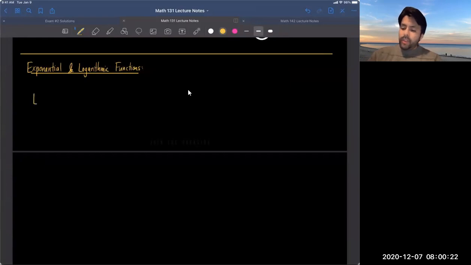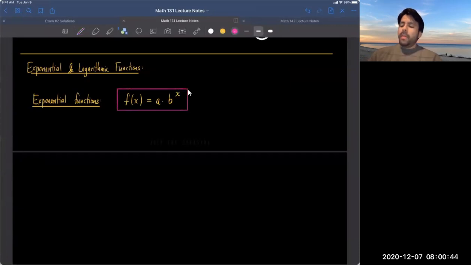So exponential functions have this form: a times b to the x.